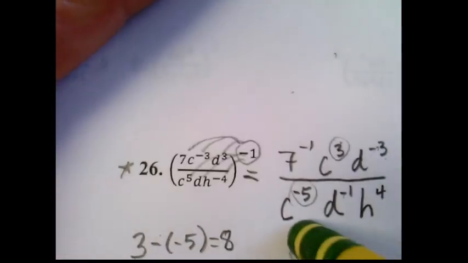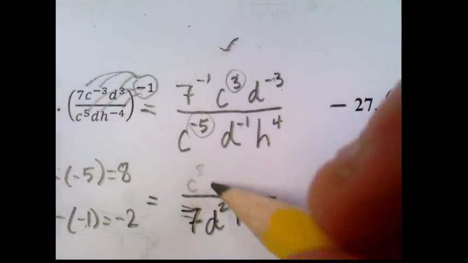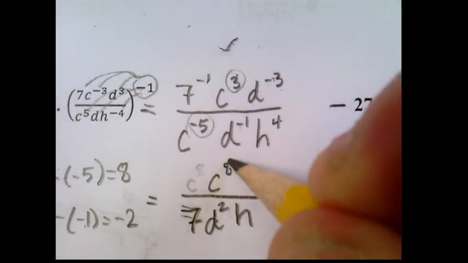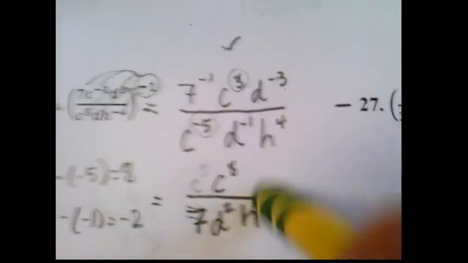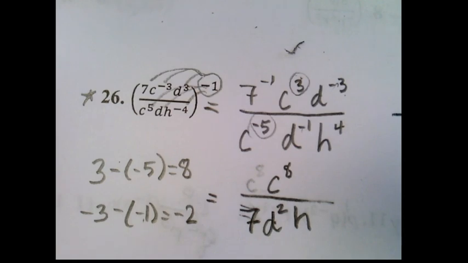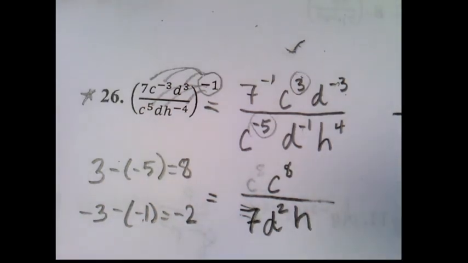I'm going to put c to the 8th right in the middle there. And that right there, folks, is our answer. 7d squared, where am I at here, just to make sure, 26, yeah, c to the 8th over 7d squared h to the 4th. There you go. So, again, hopefully that all made sense to you guys.